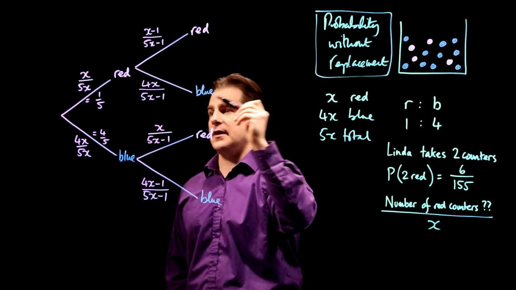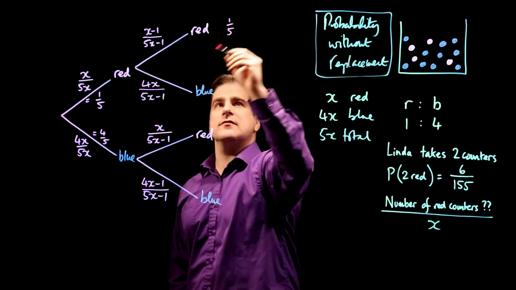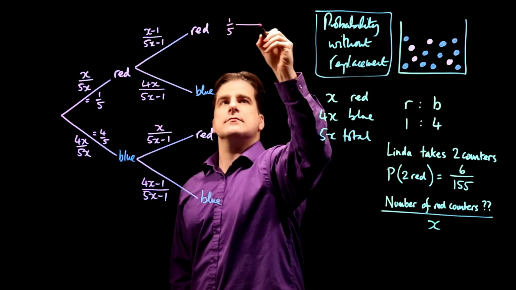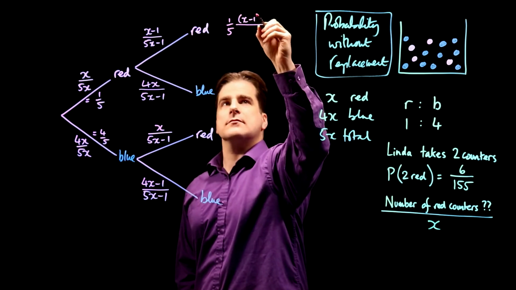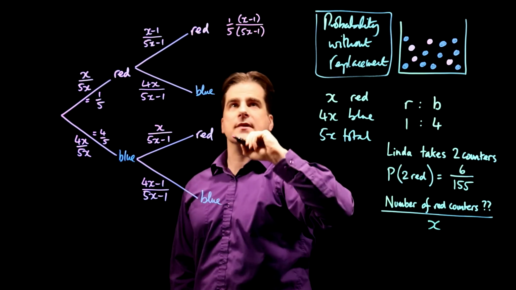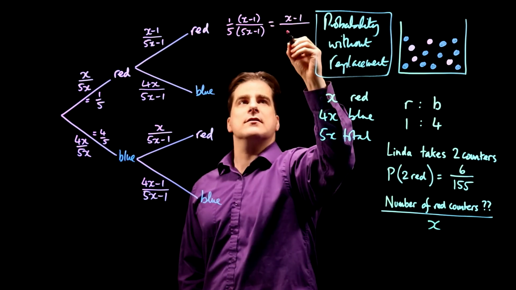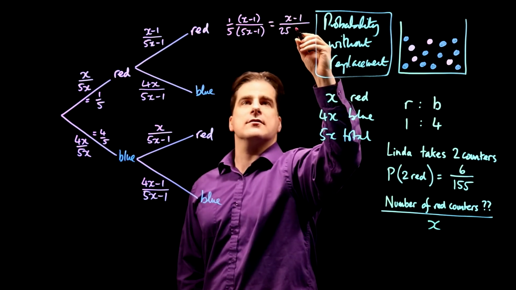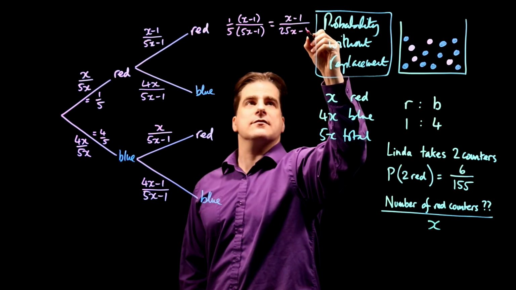So it's going to be a fifth times X minus 1 over 5X minus 1, which is X minus 1 over 25X minus 5.